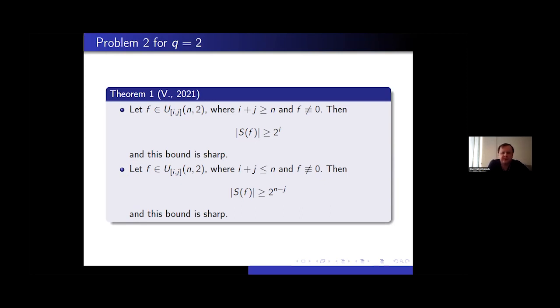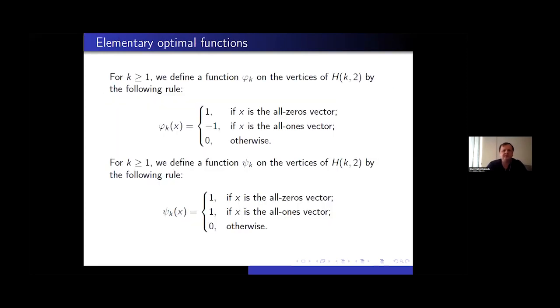And in the second case, we have that the support size of f is greater than or equal to 2 to the power n minus j. These bounds are sharp, and optimal functions achieving these bounds can be constructed as the tensor products of several elementary optimal functions.